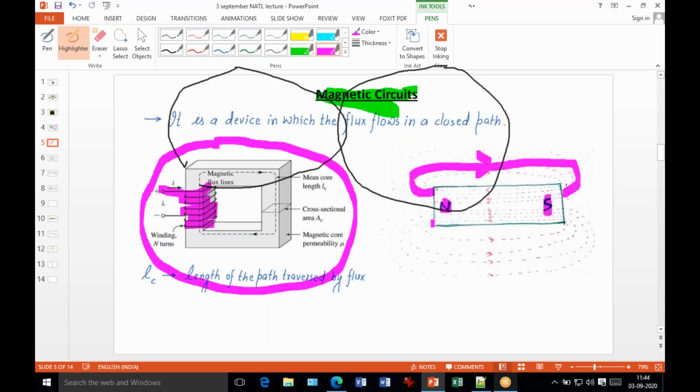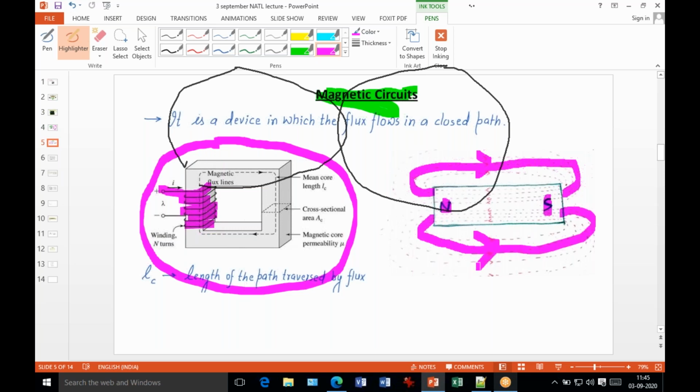Okay. Similarly, here also, this is the outside boundary. In all magnetic materials, there are two poles, one is the north and the other is the south. So the magnetic lines flow from the north pole to the south pole. The direction is going from north to south. Similarly, in this direction, the magnetic lines are also from north to south.